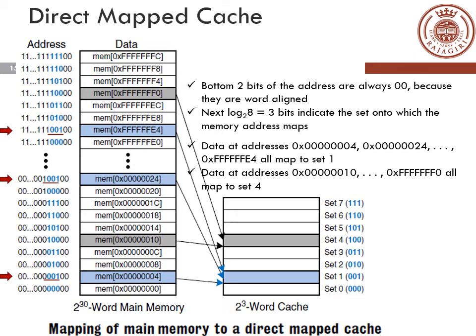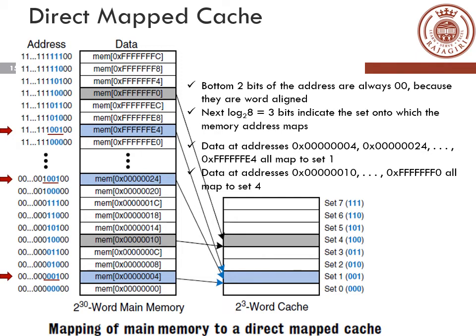Now in the example you can see 004, the blue block. Going up you can see 024, again the blue block. Going further up you can see FE4, the blue block.